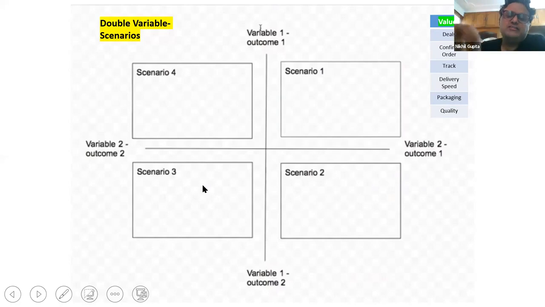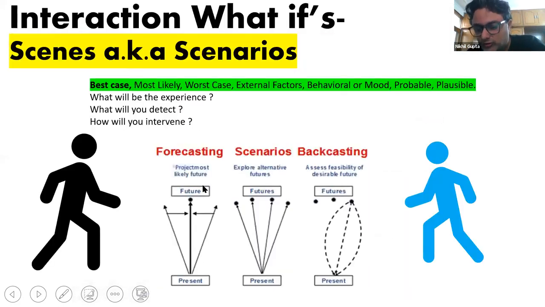And then you can say, in scenario 1, what are the possible reactions? What are the reactions in scenario 2? Scenario 3? Scenario 4? So you can also do this. What I'm doing is taking two value variables and making a quadrant to plot scenarios here. Because once you know those scenarios, then you can do this backcasting.